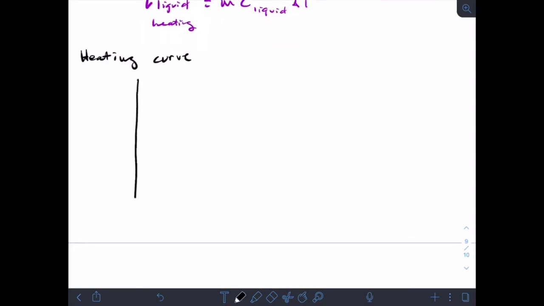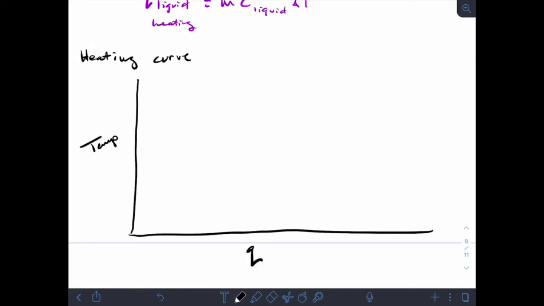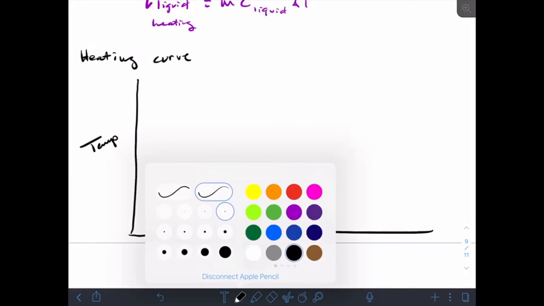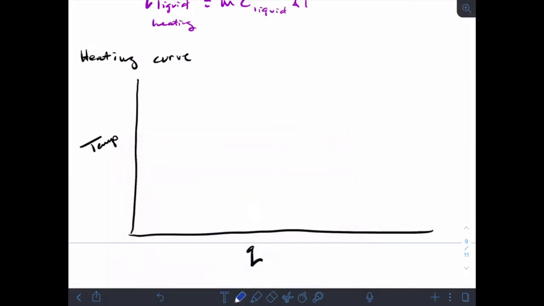Okay, so if I have my nice big graph here, on my x-axis I'm going to have Q, and on my y-axis I will have temperature. Okay. And my heating curve is going to take a shape that looks like this. It's going to be a staggered, sort of stair-steppy thing.